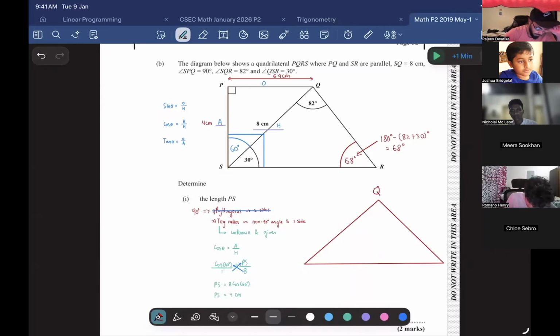Right, this is Q, this is R, this is S. We know the angle here is 30 degrees. We know that this is 82 degrees. This is 68 degrees. Okay, we know that this is 8 centimeters. And we pretty much don't know anything else.